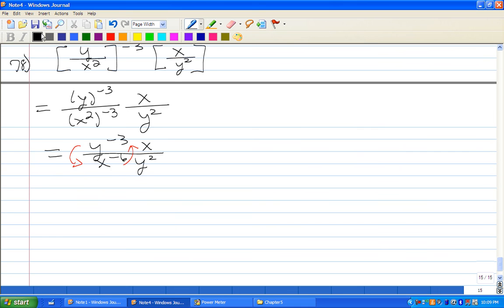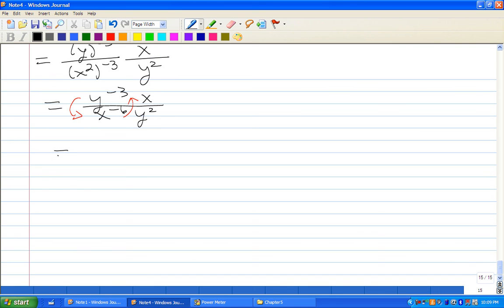And so I get x to the 6 times x over y cubed times y squared. I have the same base. I'm multiplying, therefore I add exponents. And so 6 plus 1 is 7. I have the same base, y. And so I add exponents. 3 plus 2 is 5. And that is your answer.